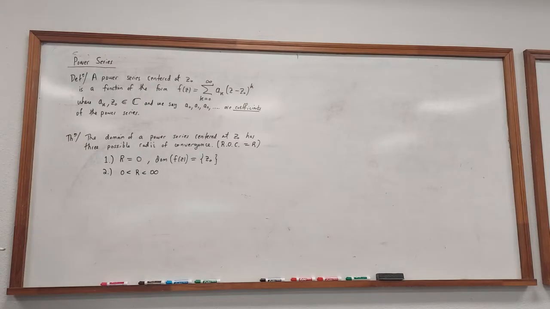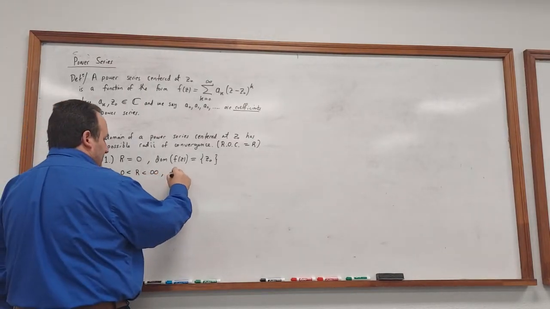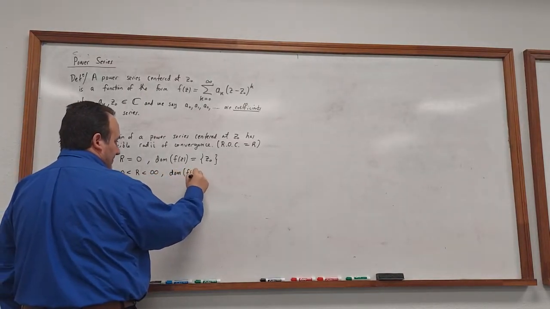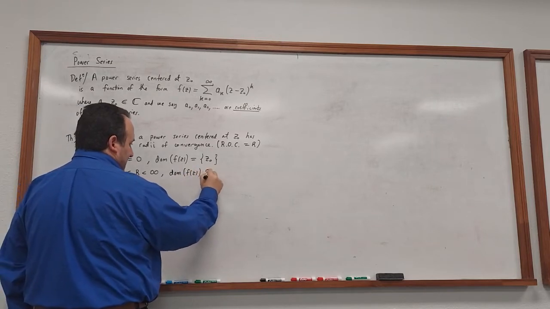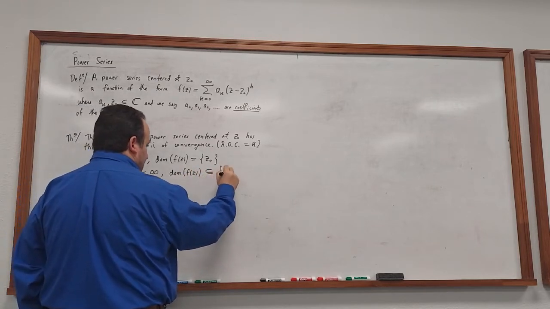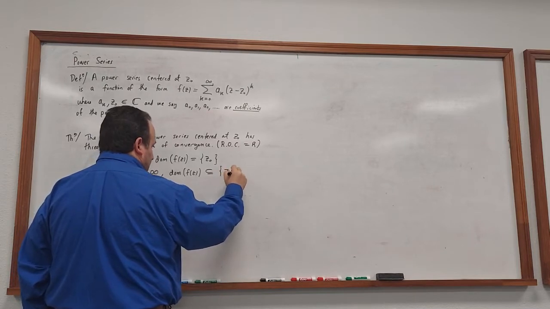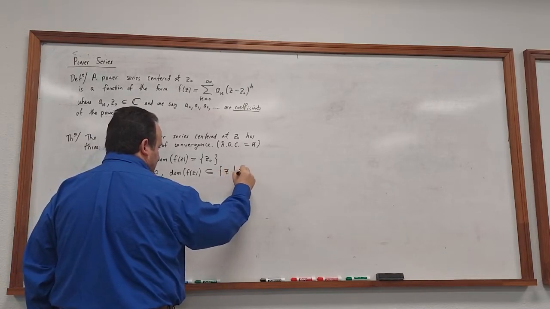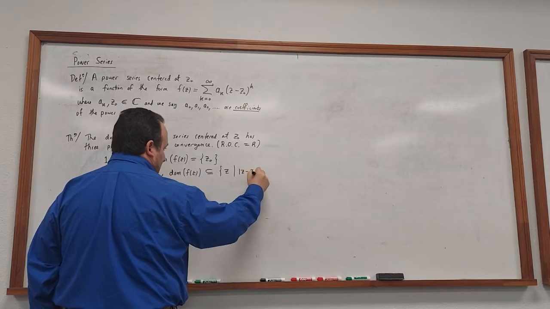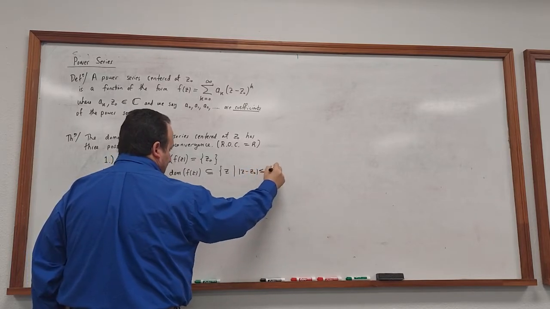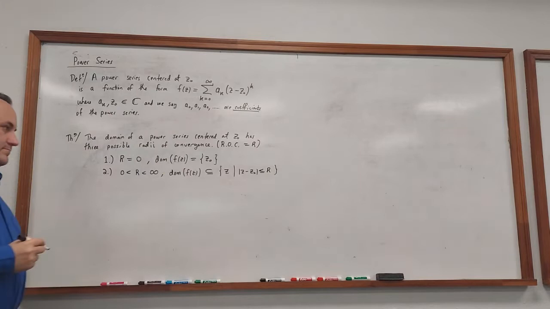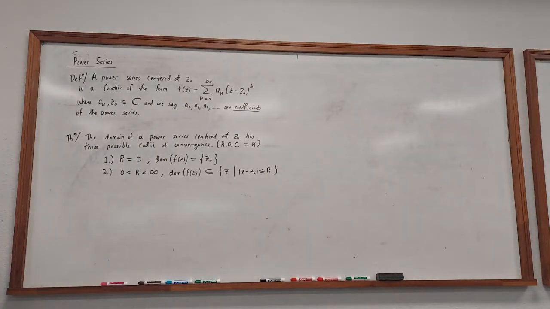In this case, the domain of f of z is a subset, possibly equal to, the set of z such that the modulus of z minus z naught is less than or equal to R. Saying that the radius of convergence is R does not guarantee that the points on the edge converge. They may converge, they may diverge.